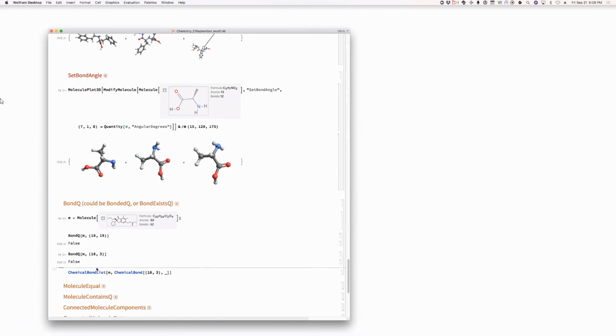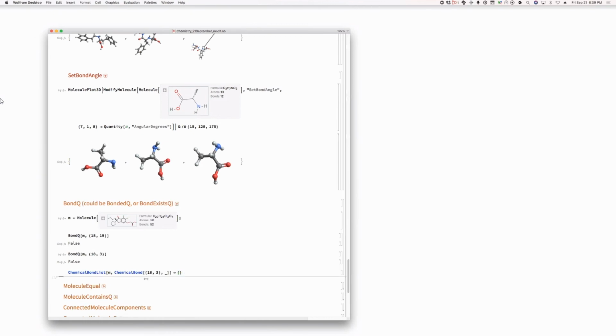Why isn't that the same story as chemical bond list? That is, if the bond list is empty, this is either going to return a bond or it's going to return nothing, right? Right. So bond Q in this case just checks is that list empty.